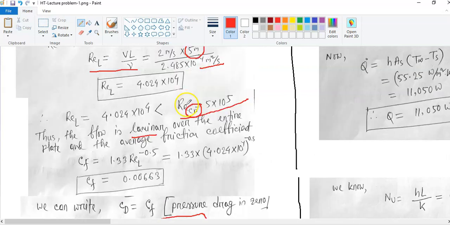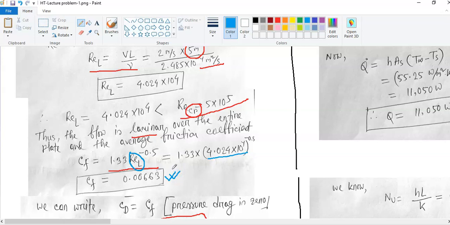Now we found the flow is laminar. And now calculate the average friction coefficient, CF. This is the formula for laminar flow: 1.33 Reynolds number to the power of negative 0.5. We already calculated the Reynolds number.